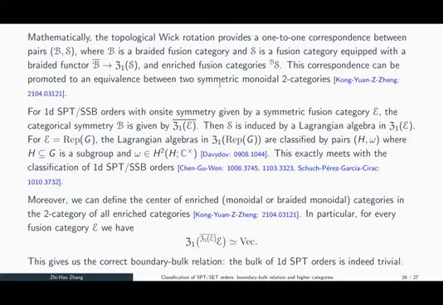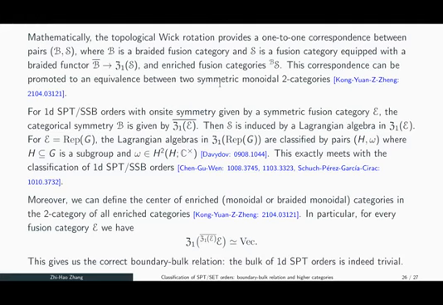Sorry, you mean mathematically the symmetric fusion category E is Vec_G^omega? Yeah. Maybe Vec_G^omega is not symmetric, but it has a generalized fusion category symmetry given by Vec_G^omega.